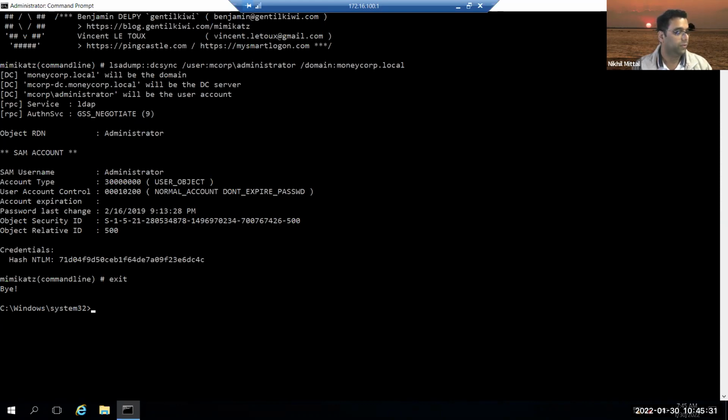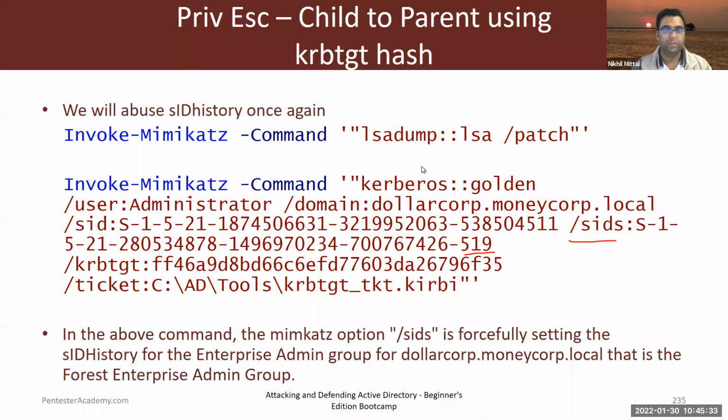Now, there is not a problem, but this is noisy, right? For example, when you are running commands on the DC, what would show up in the logs is a 4624 and 4634 on MCORP DC, which is fine, usually, but also a 4672 special logon or admin logon.